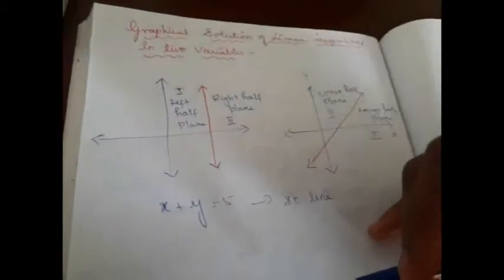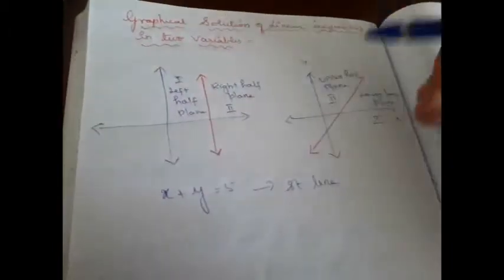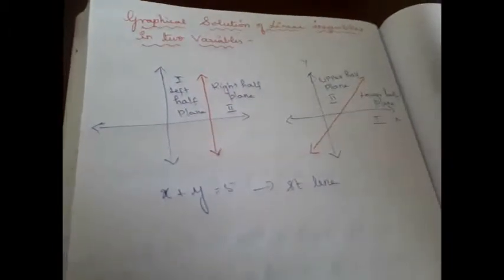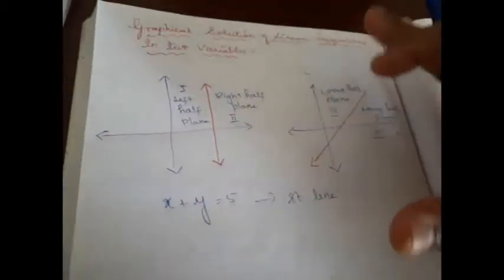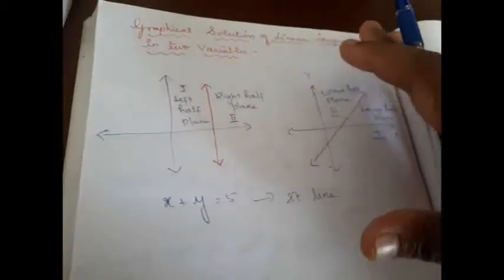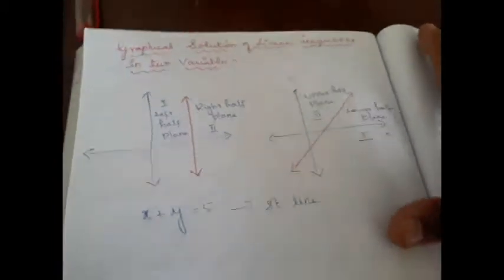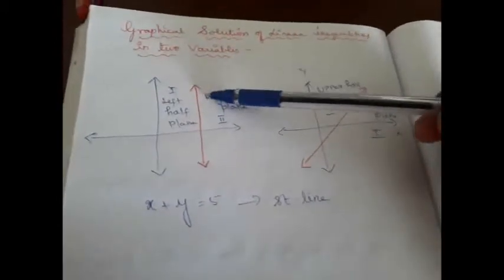Now how can we deal with the linear inequality? It cannot have a solution set. Here we are going to find the solution region. And the idea behind this: we know a linear equation will give you a straight line.